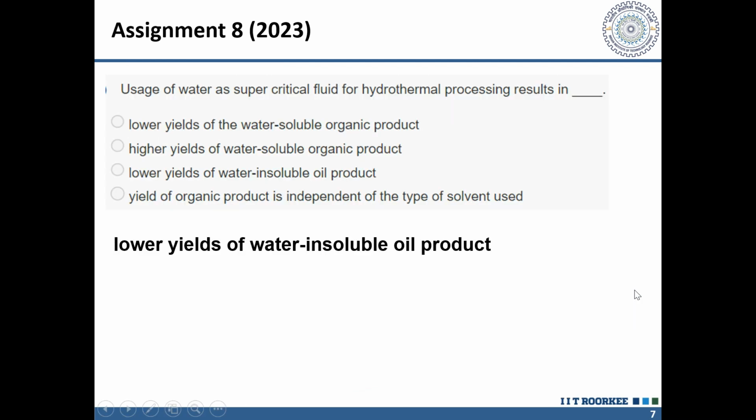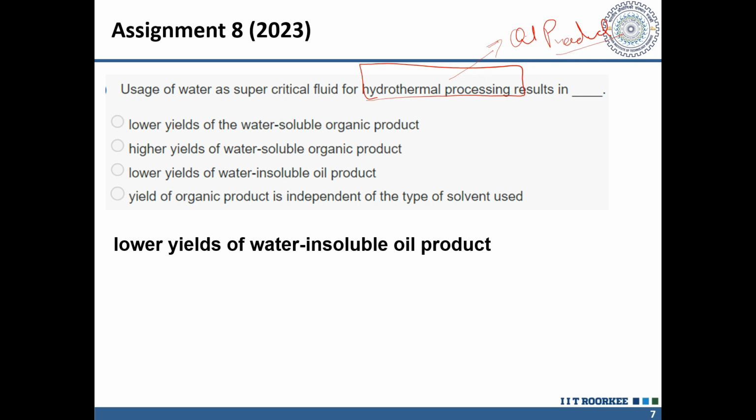So let's move on to the next question of assignment 8. Usage of water as supercritical fluid for hydrothermal processing results in. So first of all, what is this hydrothermal processing? Hydrothermal processing is a process in which we extract oil compounds from our product.